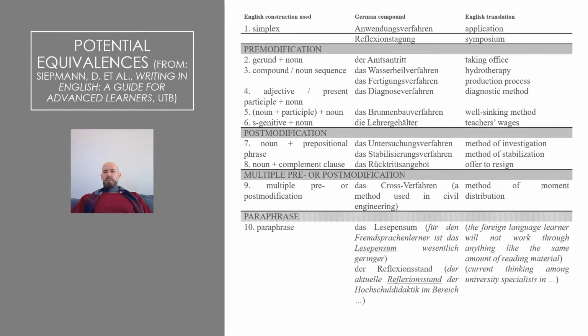A fourth way of rendering a compound is using an adjective in front of an English noun, so das Diagnoseverfahren becomes diagnostic method in English. Another noun ending in Verfahren, and here we have a noun plus participle plus noun construction in English, Brunnenbauverfahren, well sinking method.